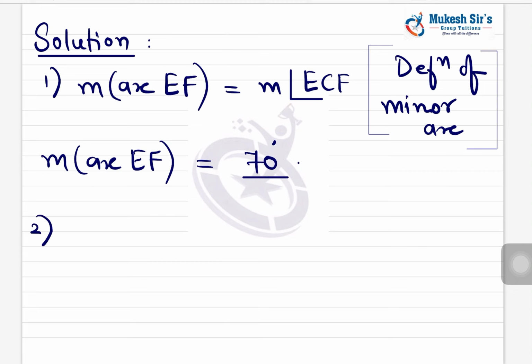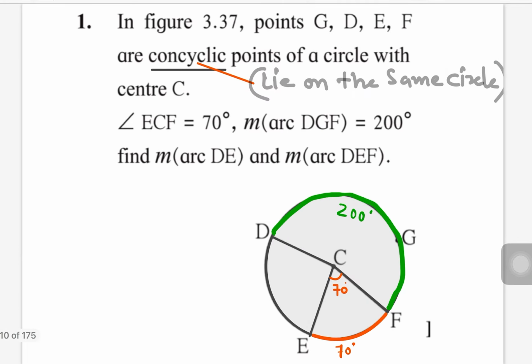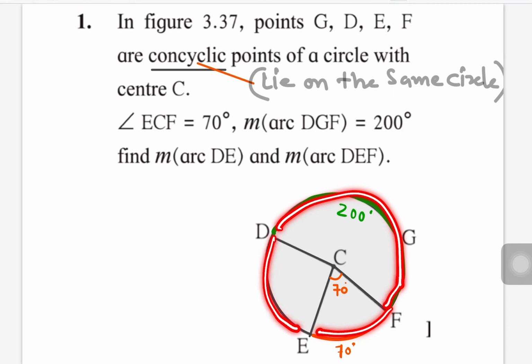Now step number 2. If I add all the 3 arcs, if I add this arc plus this arc plus this arc, the total will be equal to the whole circle, that's 360 degrees.